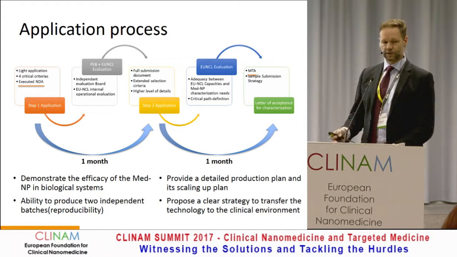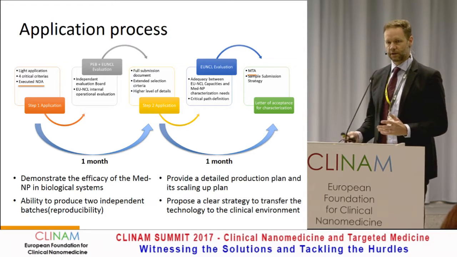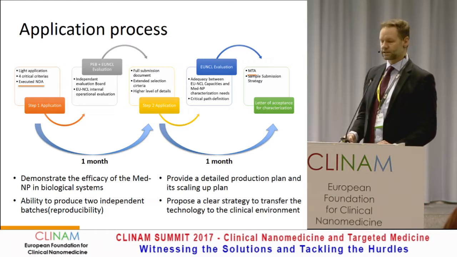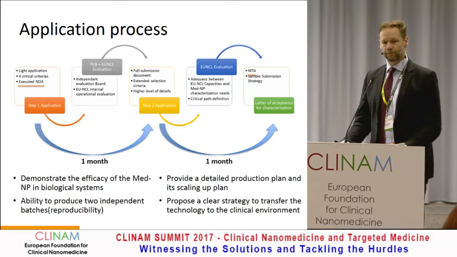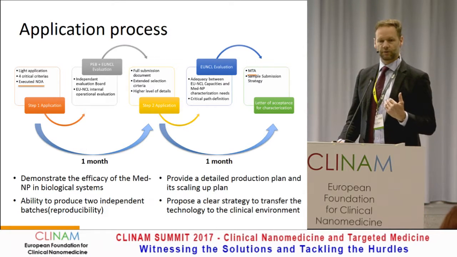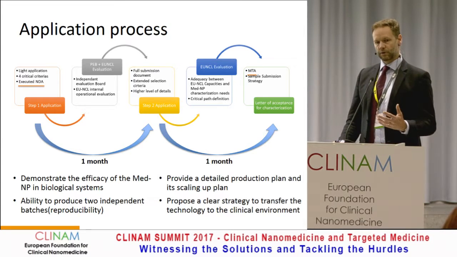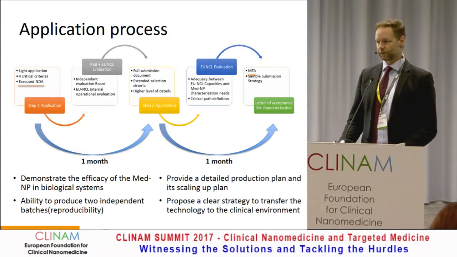So we have a first step light application. It's 10 pages to be completed in the form. It's quite easy. And then this application is reviewed internally by the core expert team of EUNCL, which are the experts that will perform the assays, as well as by an external review board.